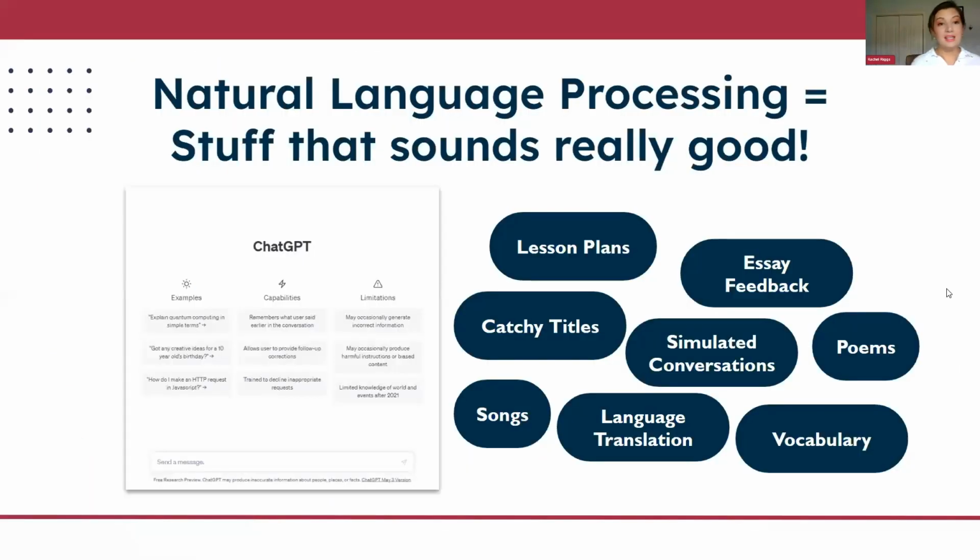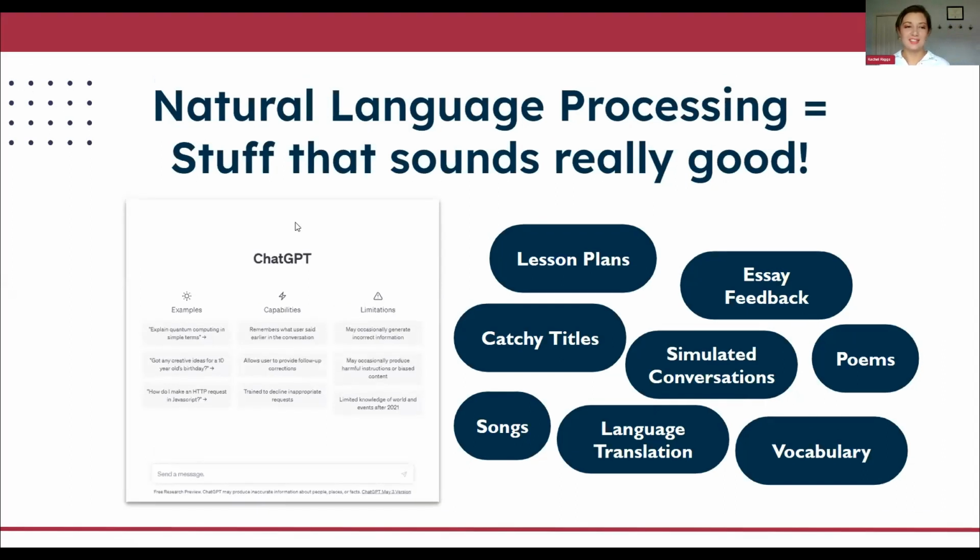And then when it comes to the large language models, what they are really good at is natural language processing. Oh, thank you, Priyanka, for sharing the link to the blog. In the large language models, the big impressive thing is their ability to apply different predictions to natural language processing and produce stuff that sounds really good.